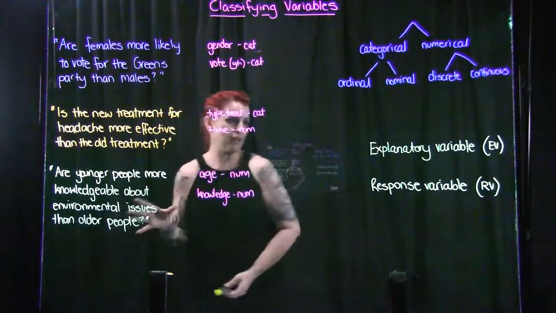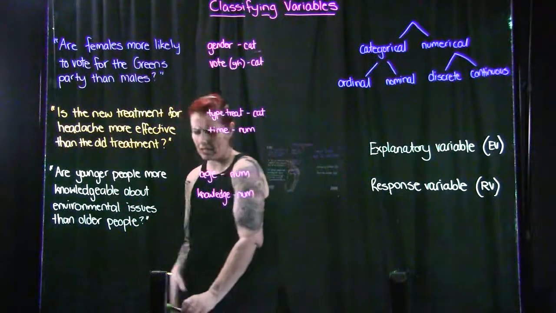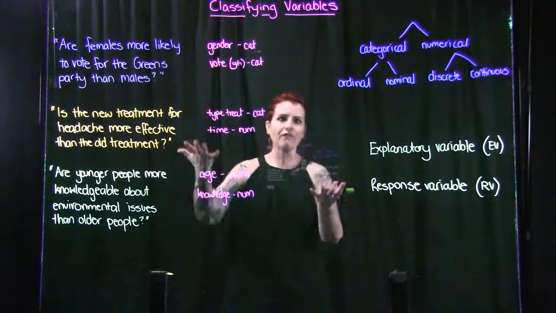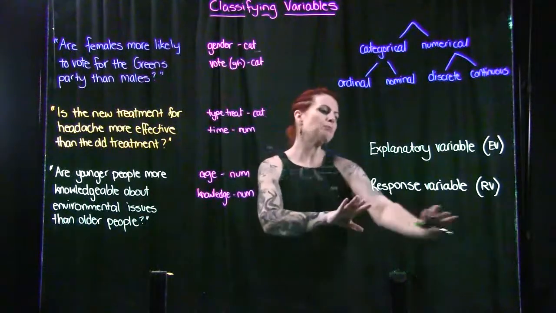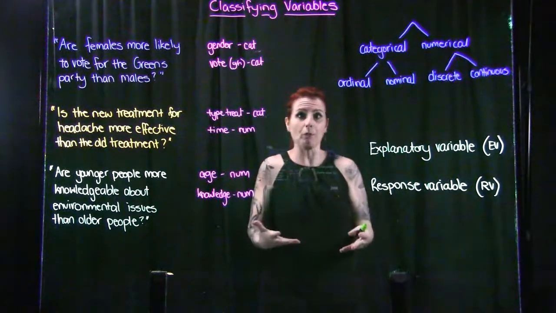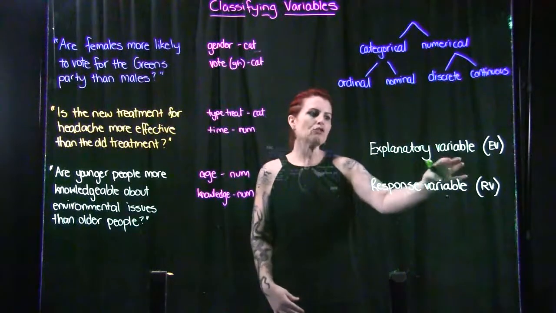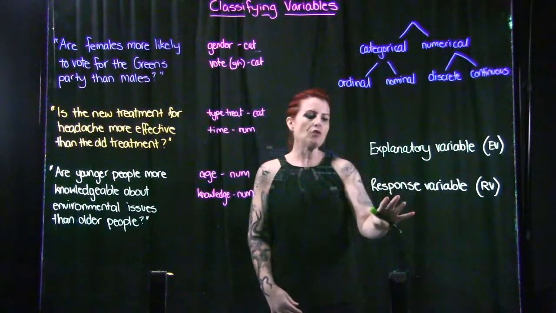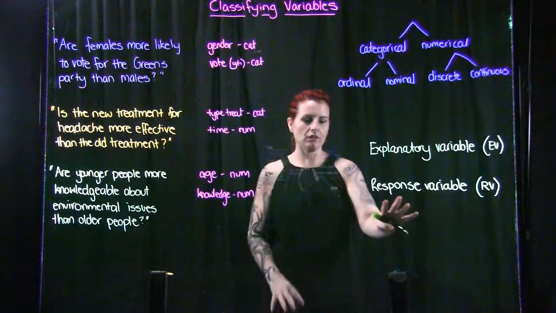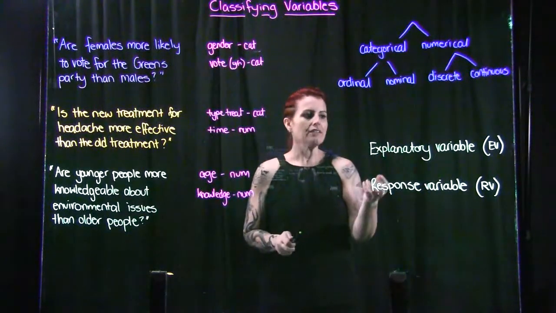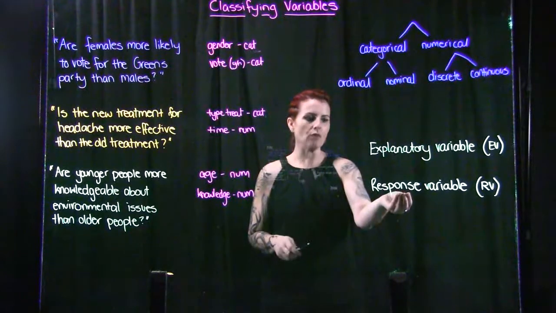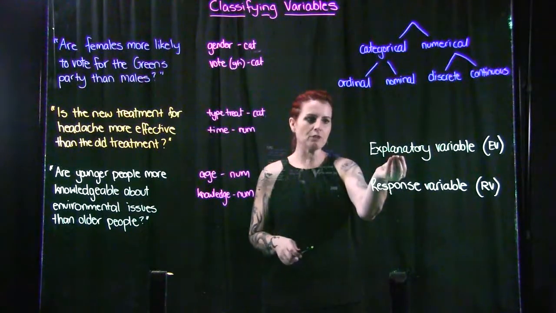And there's always one or the other, particularly when we're dealing with bivariate data. So the response variable, obviously the response that's given, but the explanatory variable is what explains the result, the response. So that means that the response is dependent upon the explanatory variable.